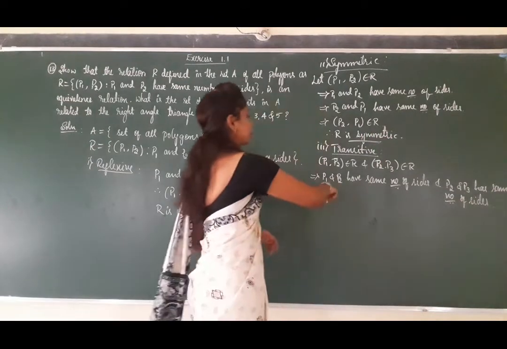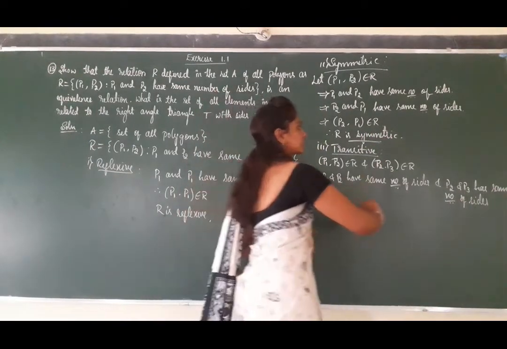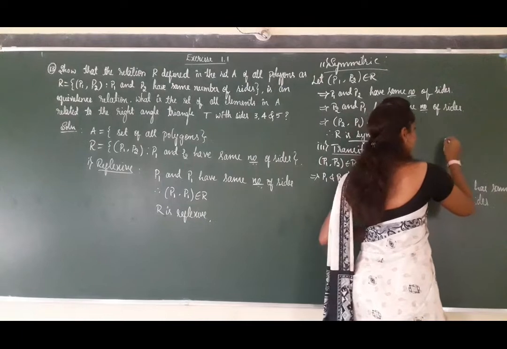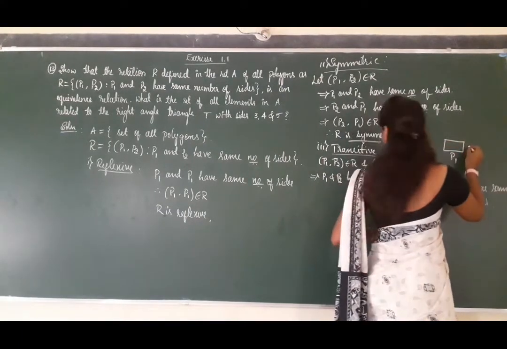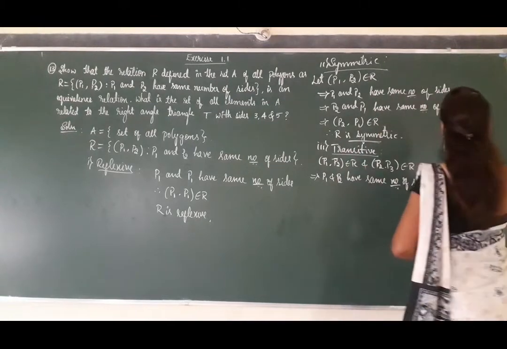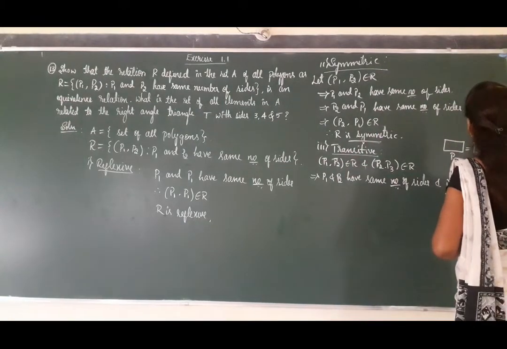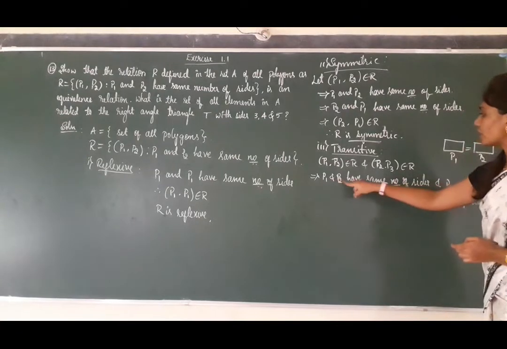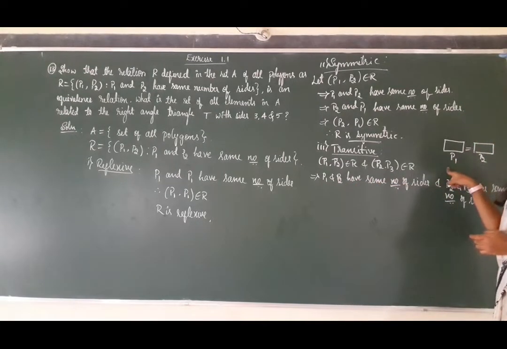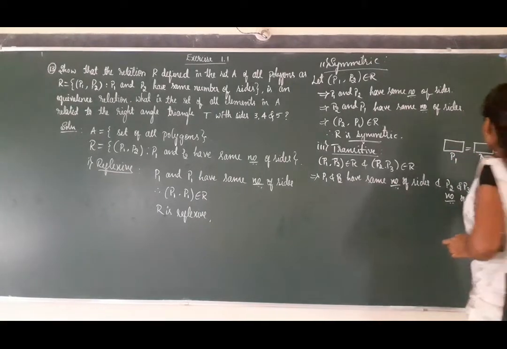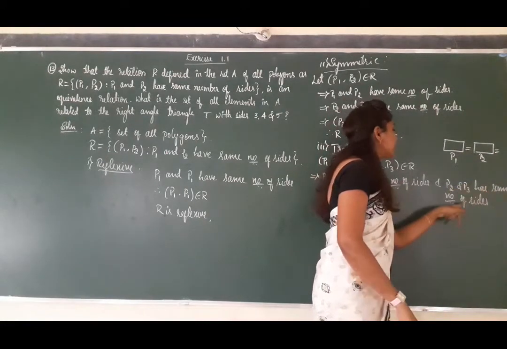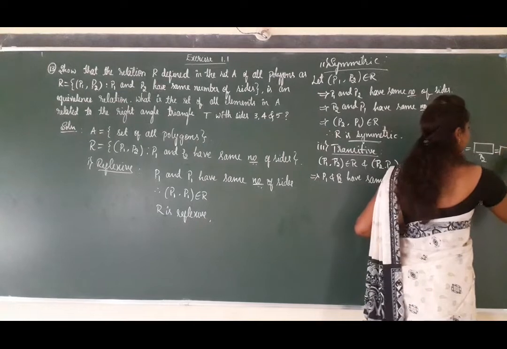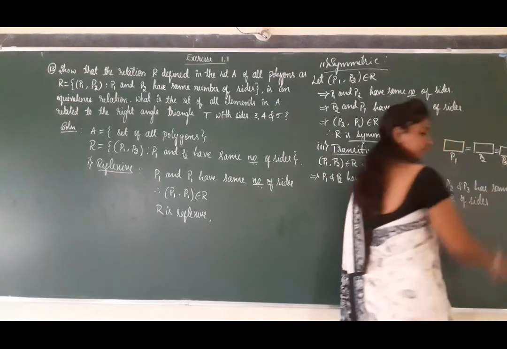Observe here, P1 and P2 have the same number of sides. This is a rectangle P1, this is one polygon. This is equal to P2. P1 has 4 sides, and P2 also has 4 sides. This is also equal to P3 because P2 and P3 have the same number of sides. This is also having 4 sides.